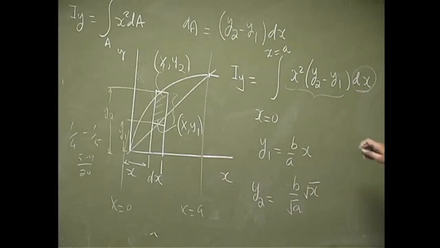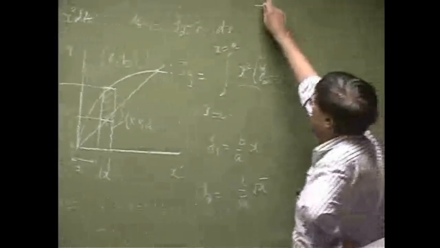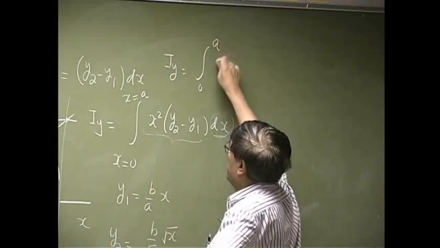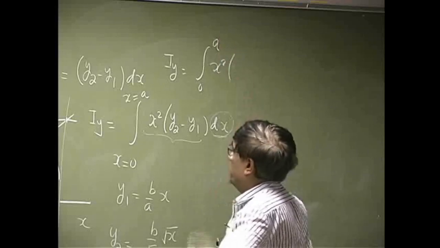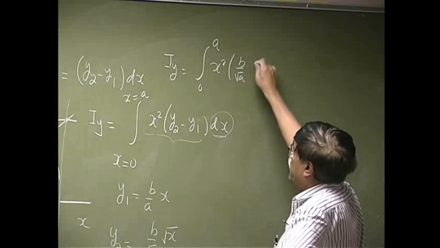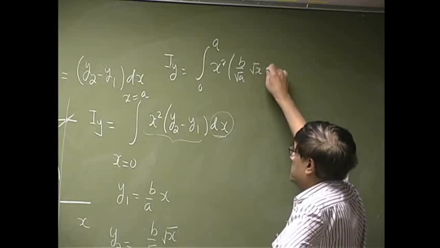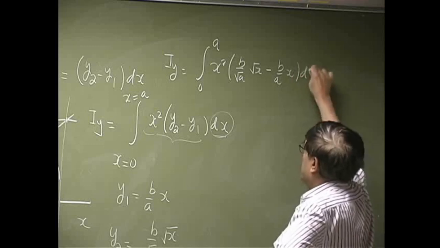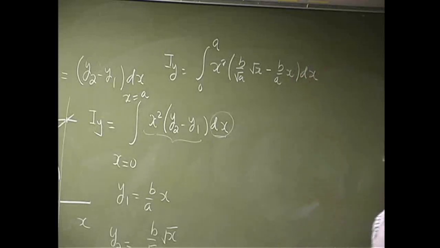So if I use these two, your equation for Iy will be the integral from 0 to a of x squared times (p over square root a times square root x minus p over a times x) dx. So now everything is in a much more manageable form.